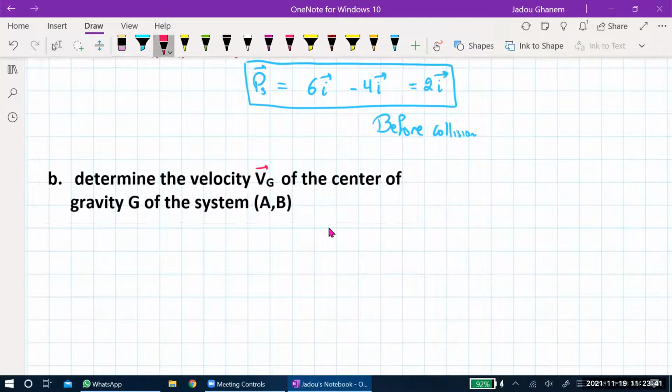How can we start with this? P of the system is conserved, which is equal to P of the center of gravity. Here we must assume that the linear momentum is conserved in an isolated system. And as you can see, the collision that will happen is going to be elastic.